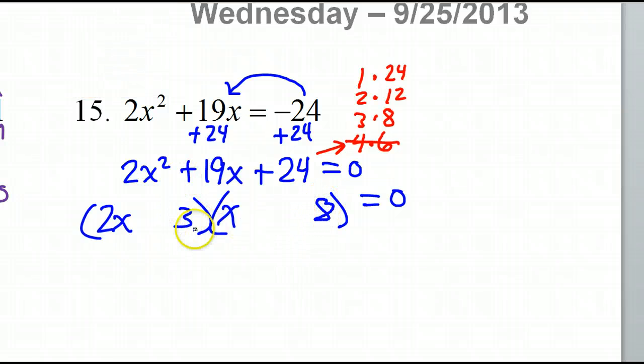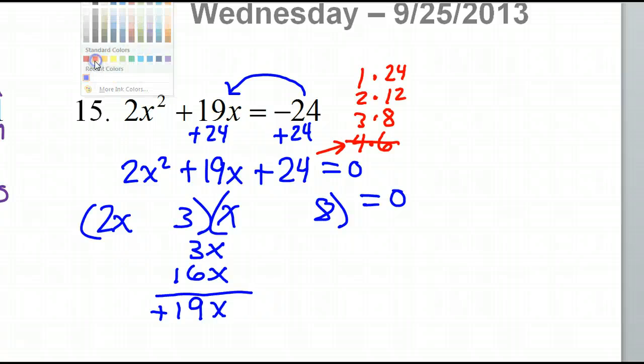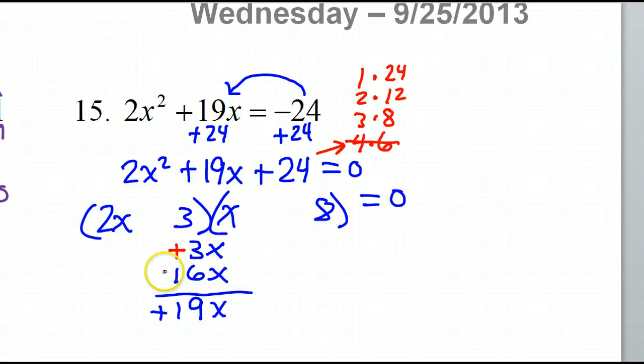Let's see how that works out for me. Inner, I have 3x. Outer, I have 16x. Oh, look at that. The middle, I'm shooting for a positive 19x. You see why I'm happy. This is looking very promising. If I make this a positive 3 and a positive 16, that will make positive 19.